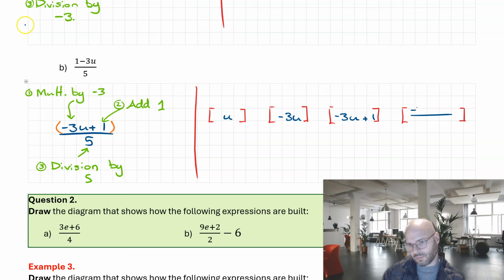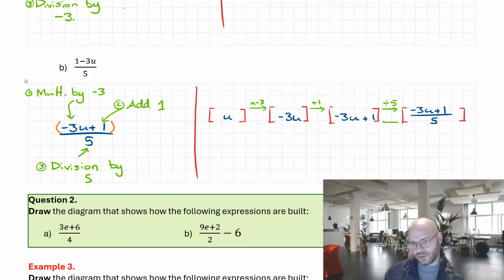And then finally, minus 3u plus 1 all over 5. Looking at its construction, u becomes minus 3u by timesing it by negative 3. Minus 3u becomes minus 3u plus 1 by giving it 1. And then dividing it by 5.